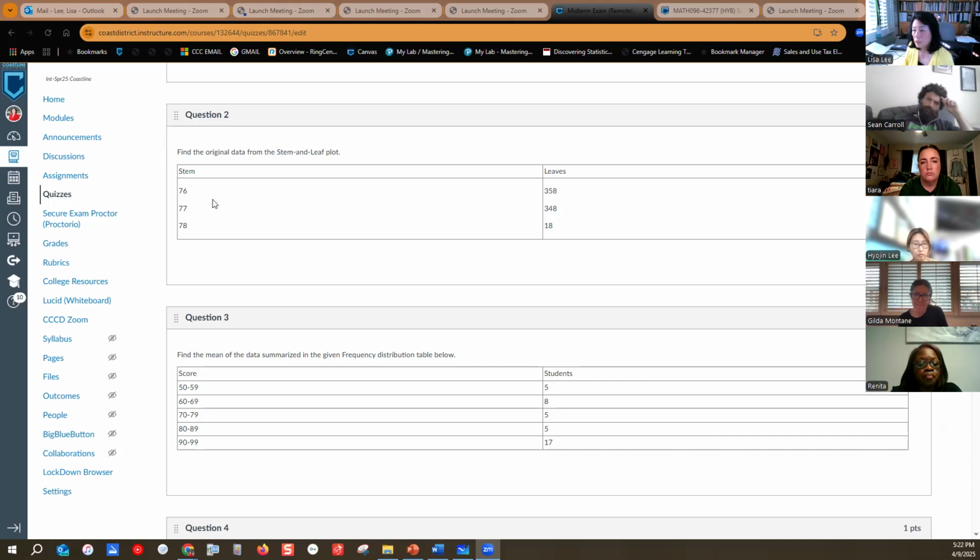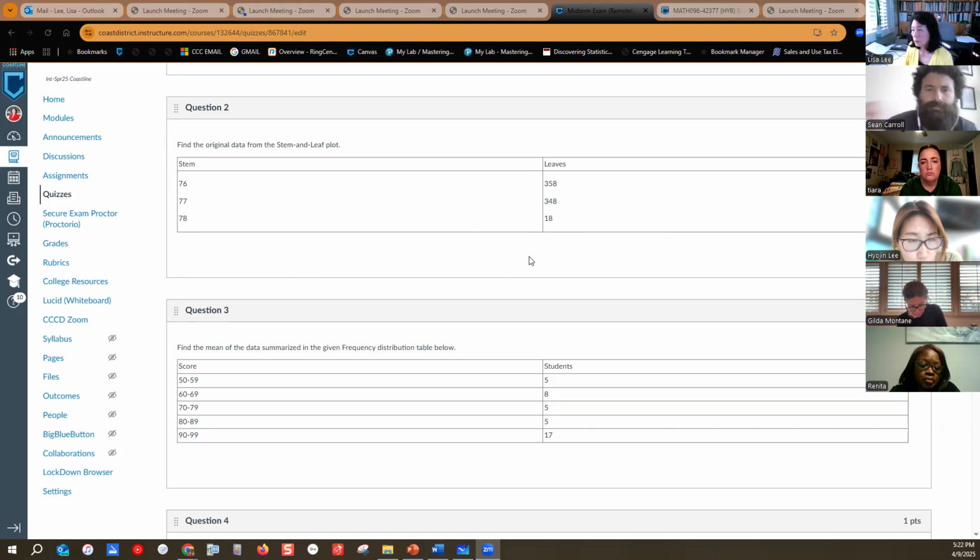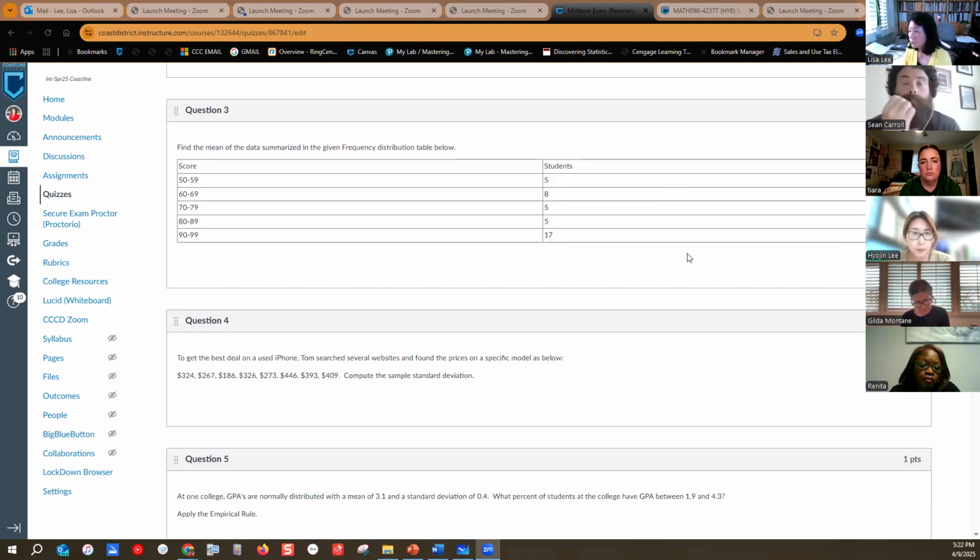And then for the stem 77, you pick up one number from the leaf again. 77.3, that's another data. 77.4, 77.8, another data. Same thing for the 78. 78, match with a 1, so it will be 78.1, one data. Another data, 78.8, the last data. That's how it works. Most people got this one right.